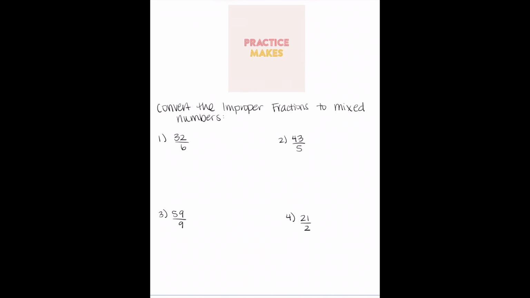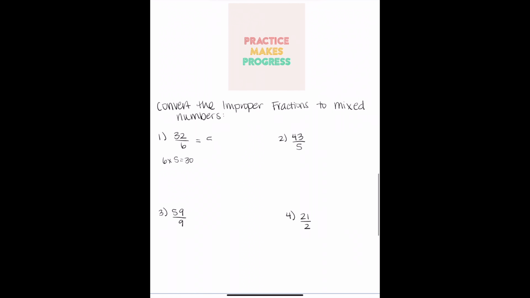Now that we've gone through both parts of this lesson, let's do some more examples, because practice makes progress, right guys? So if we're converting improper fractions to mixed numbers, our first one here, we have 32 over 6. Well, 6 times 5 will give me 30, right? 6 goes into 32 5 times fully.